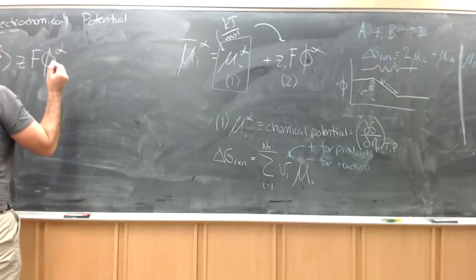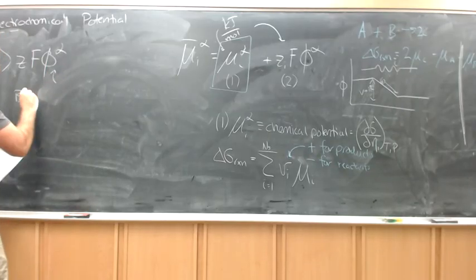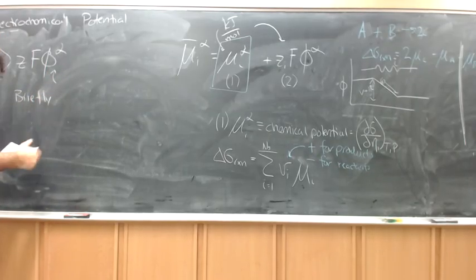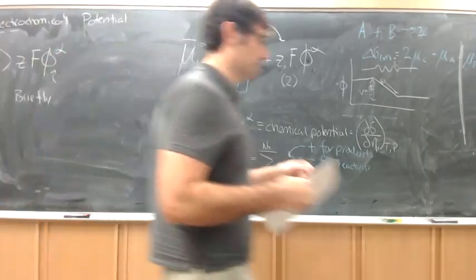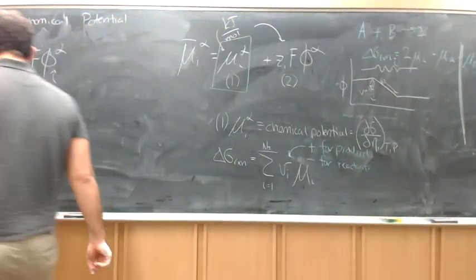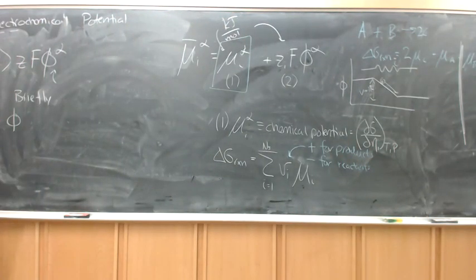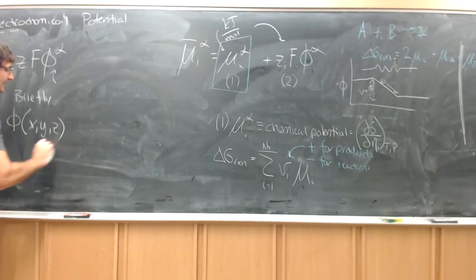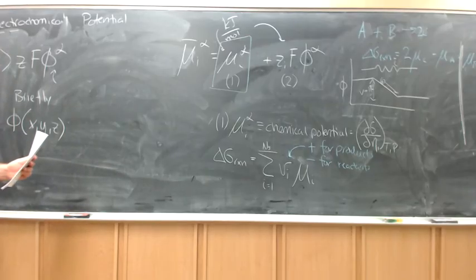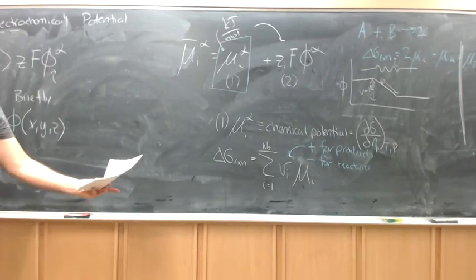So let's think of this a little bit, briefly, as a brief review. If I think about phi, the electrostatic potential, the definition of phi, and now I'm going to write it in a little more general way, as a function of x, y, and z. I can write it in angular coordinates and radial coordinates in spherical coordinates, right? So it's a function of space, generally, right?